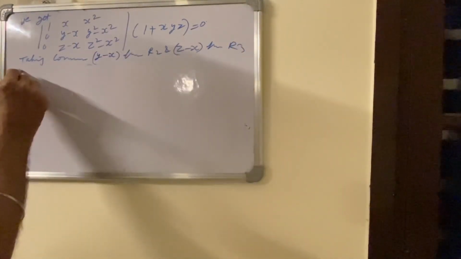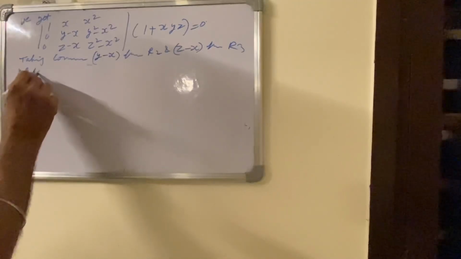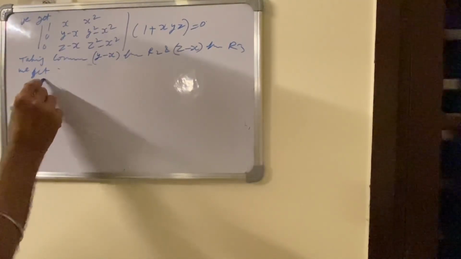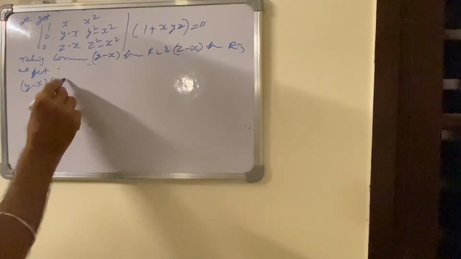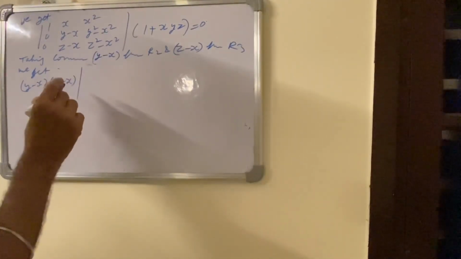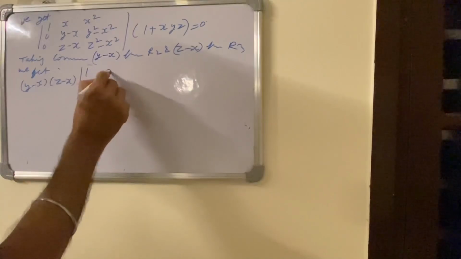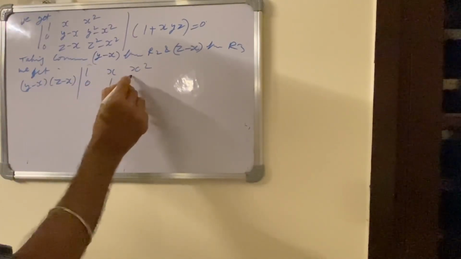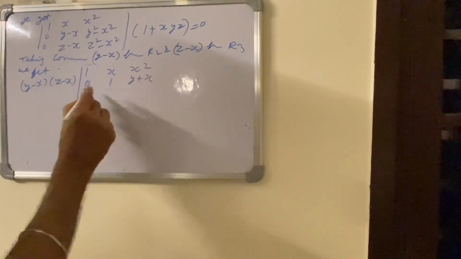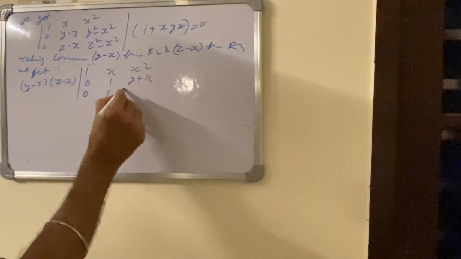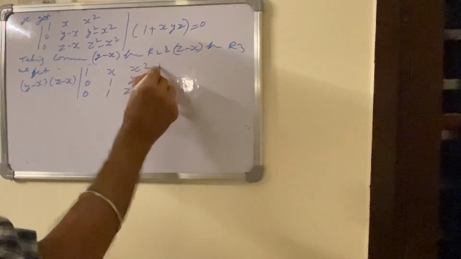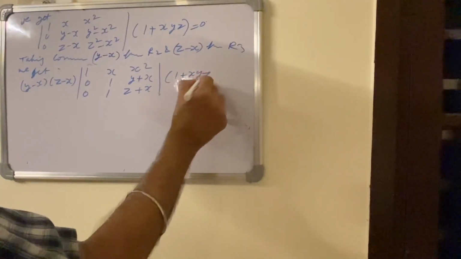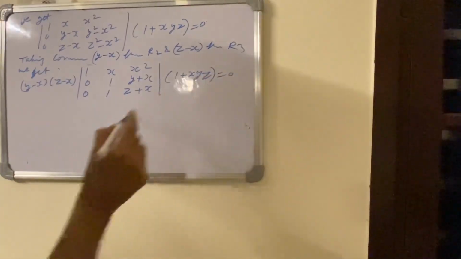So we get y minus x into z minus x into the determinant first row 1, x, x square, second 0, 1, y plus x, third 0, 1, z plus x into 1 plus x, y, z is equal to 0.